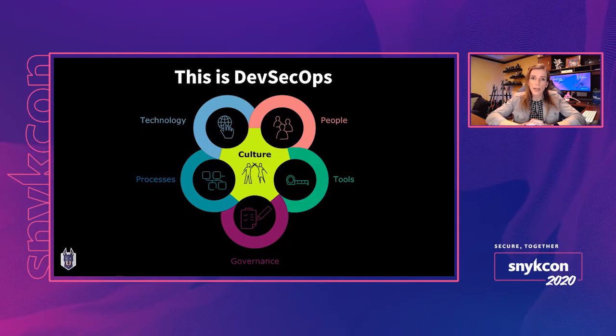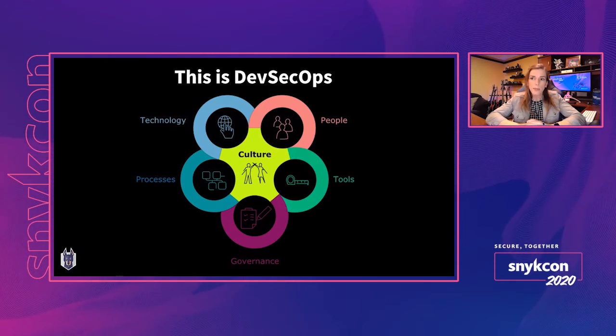I looked up some Google Analytics, and if I look at the top 20 searches that include the term DevSecOps, well, DevSecOps is number one. What is DevSecOps is number two. Number three is DevSecOps tools. It's not until we get down to number 9 that we see DevSecOps practices, and number 10, DevSecOps methodology.